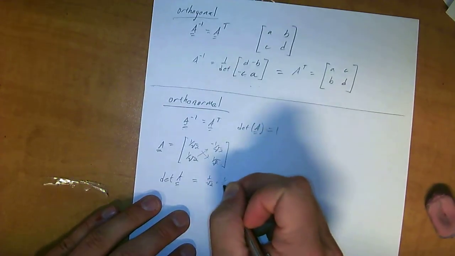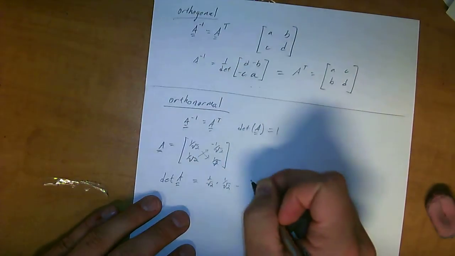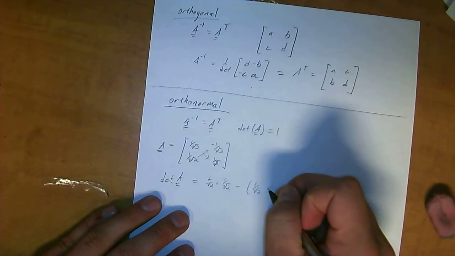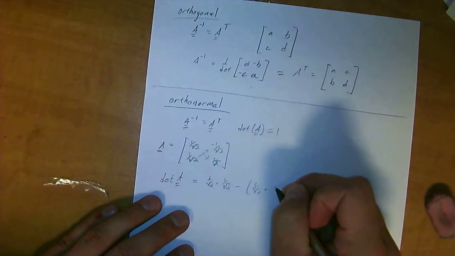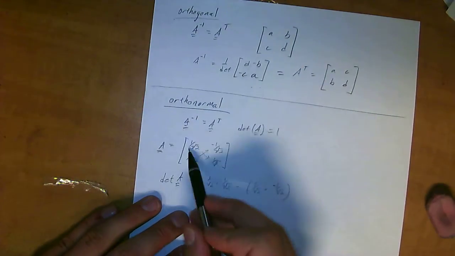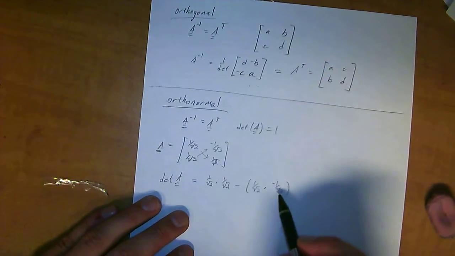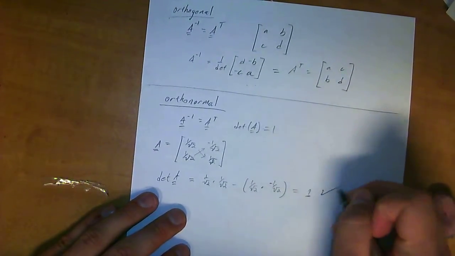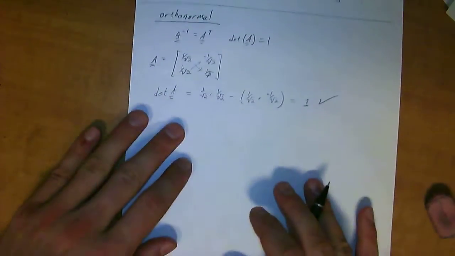So we'll end up with 1 over square root of 2 times 1 over square root of 2 minus 1 over square root of 2 times negative 1 over square root of 2. Just like that, which is actually equal to 1. So cool, we've got that condition marked and set.